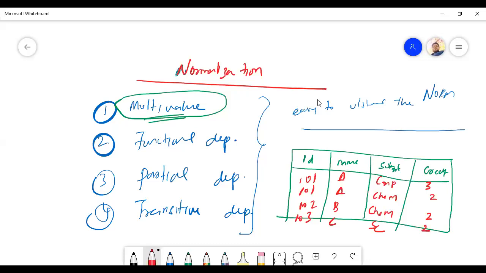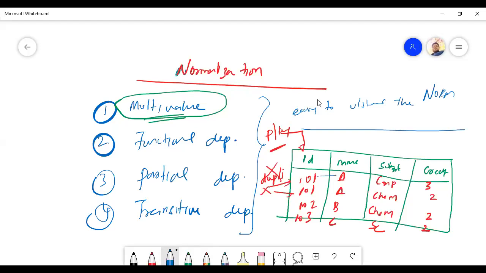If you see this table, normally we take this ID as a primary key, PK. For a primary key, we know there should be no duplication. Duplication should not be there. But you can find some duplications.